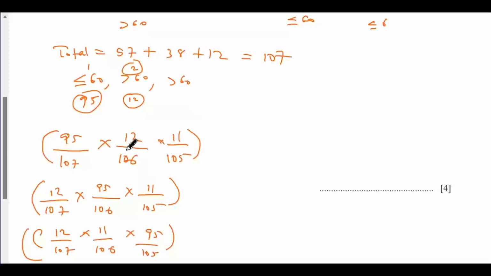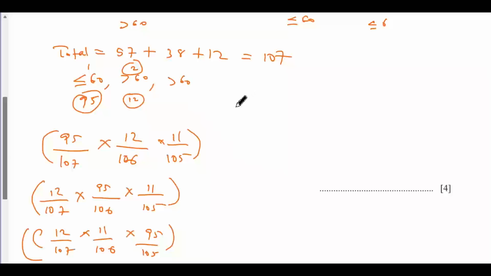If you look at the three possibilities, you see that our numerators are 95, 12 and 11, and the denominators are also similar. So instead of repeating this, you can just multiply by 3 straight away.